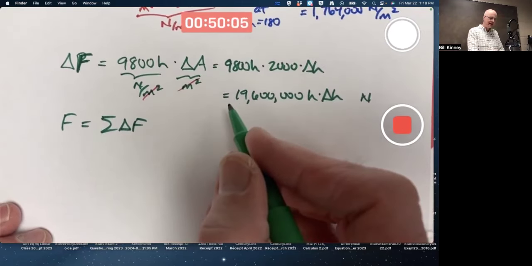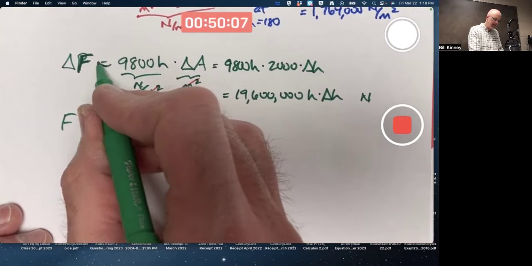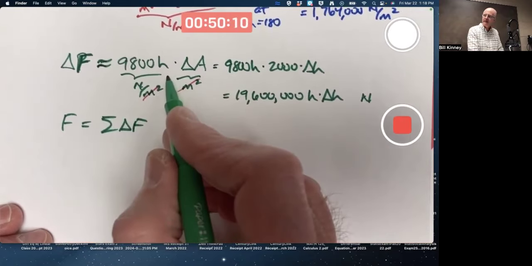The approximation is right at the beginning here, because H is approximately constant on the thin strip. Let delta H go to 0. The function we integrate is 19.6 million times H. Total force is going to be the integral of 19.6 million H dH. H is the depth from the top of the dam downward.